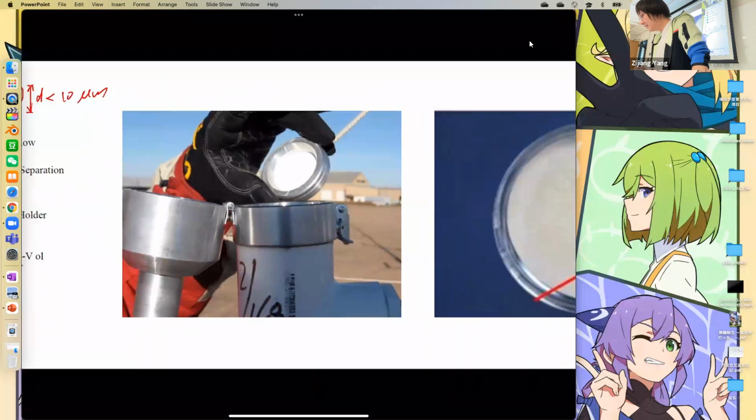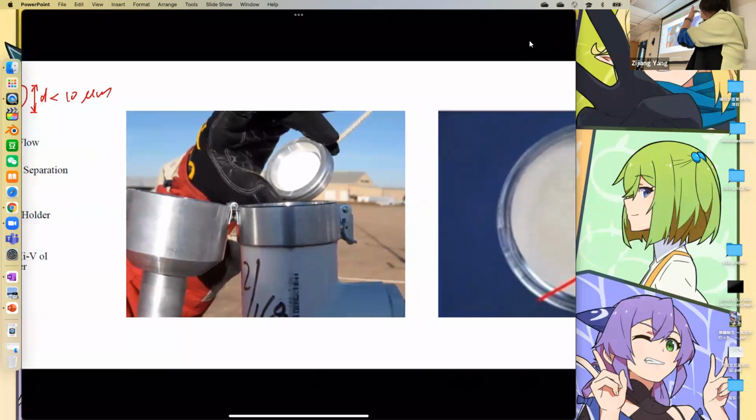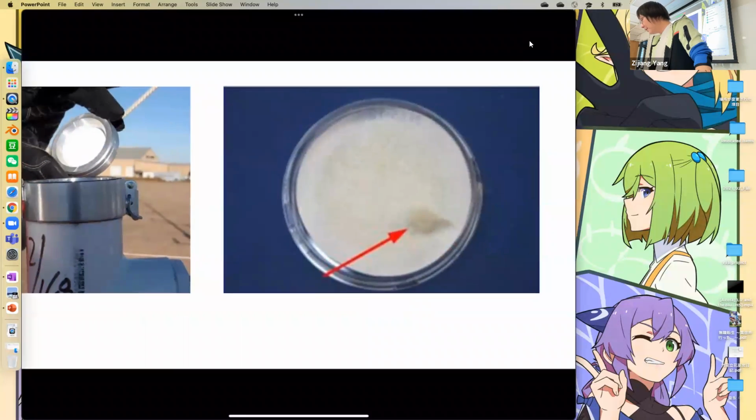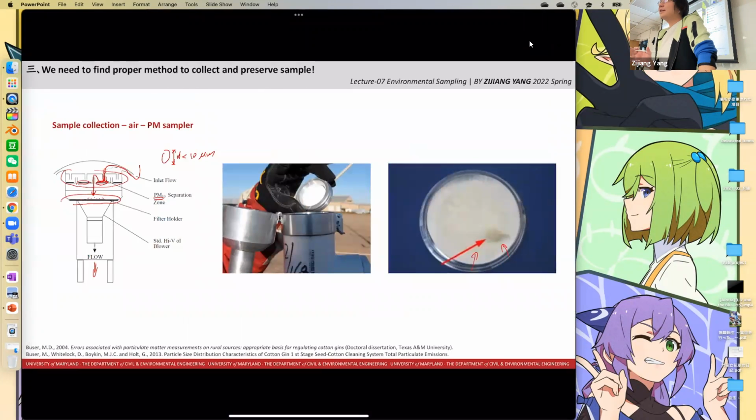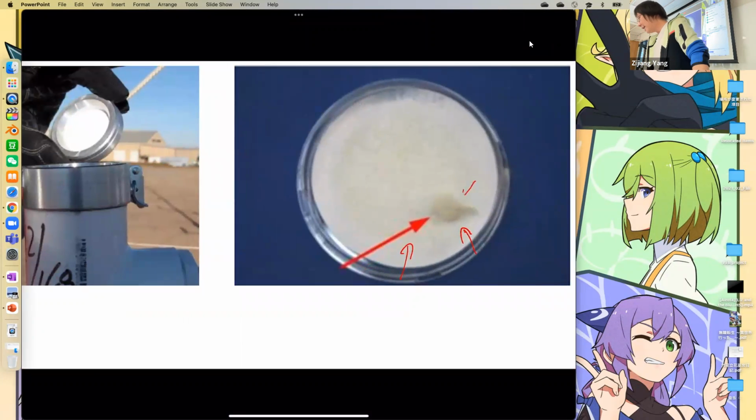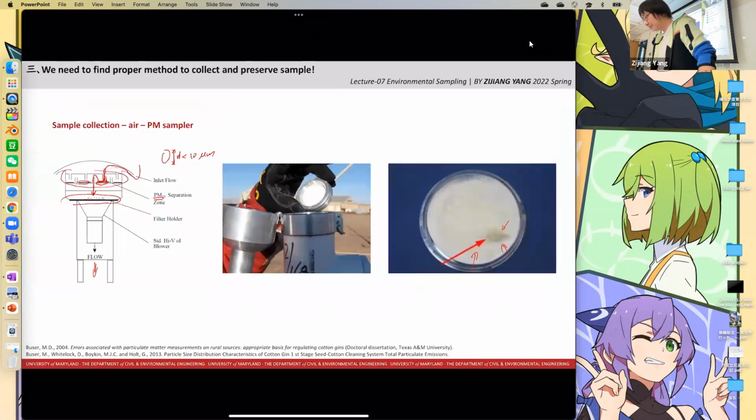On this side is the appearance of a new filter, and after sampling, we can see we have some particles here. Because the experimental site is a cotton gin, a cotton processing plant, most of these particles are cotton fibers. We can see these are very small cotton fibers collected.